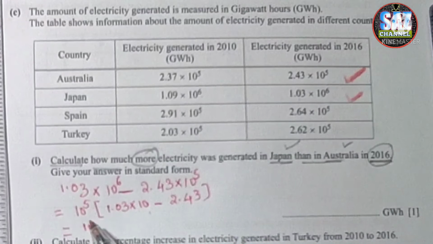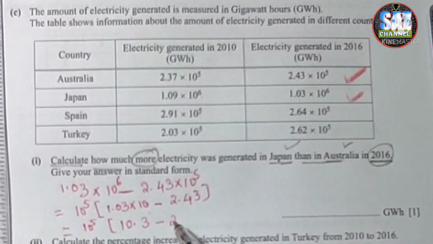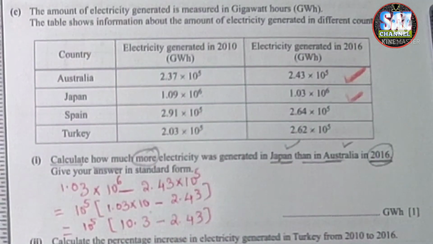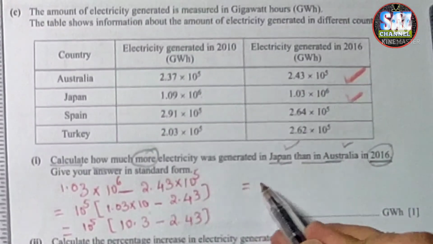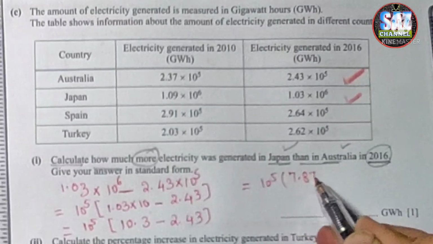Here I have to use the calculator efficiently because this is paper 2. Minus 2.43, now take away 2.43, and this gives me 7.87. 10 raised to the power 5 multiplied by 7.87.